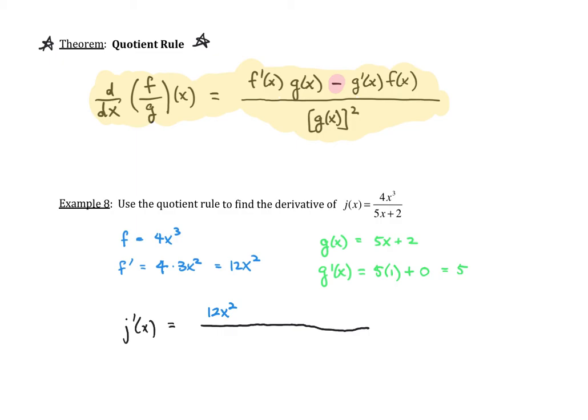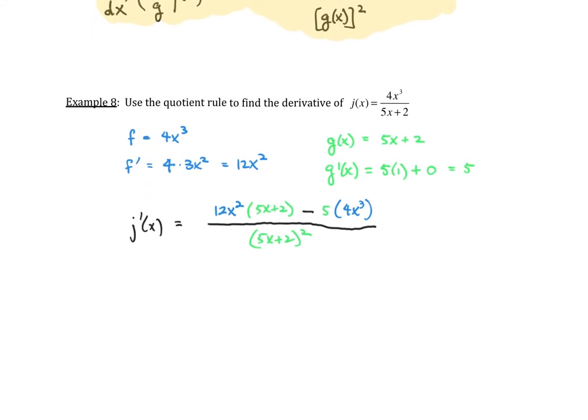We are going to keep the g function, so I'm going to put quantity 5x plus 2. We know that we want to subtract what we get when we take the derivative of the second function, which was 5, times the top function, which is 4x cubed, like this. And this should all be divided by the bottom function squared. So that'll be 5x plus 2 quantity squared, like this.